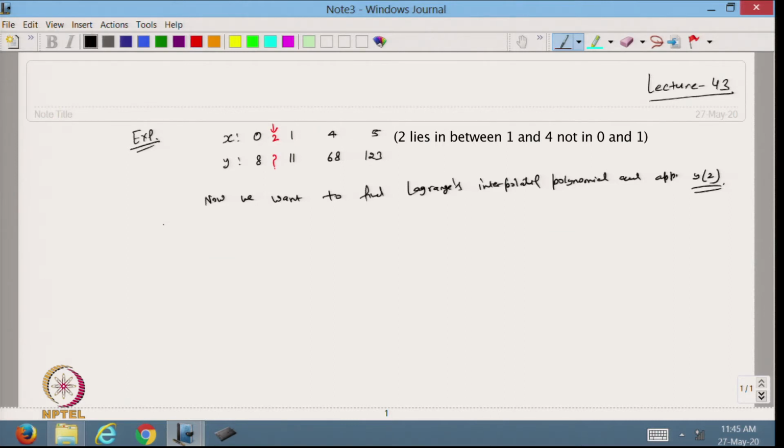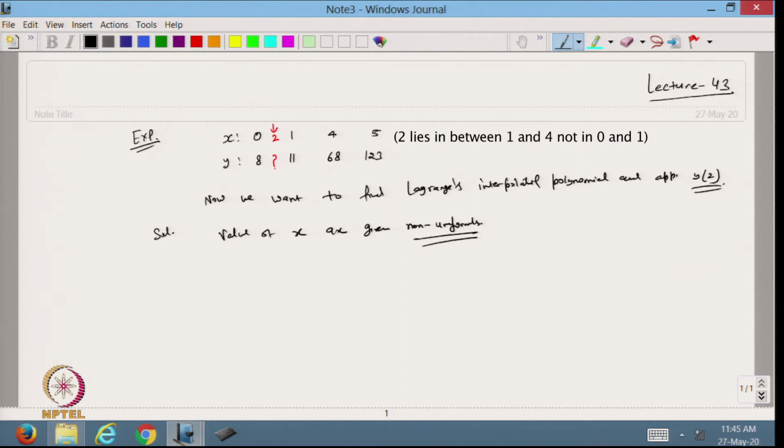Now, in this case I want to use the Lagrange interpolating polynomial. You can see that the nodal points are given non-uniformly: the difference between 1 and 0 is 1, then the difference is 3, and then the difference is 1.